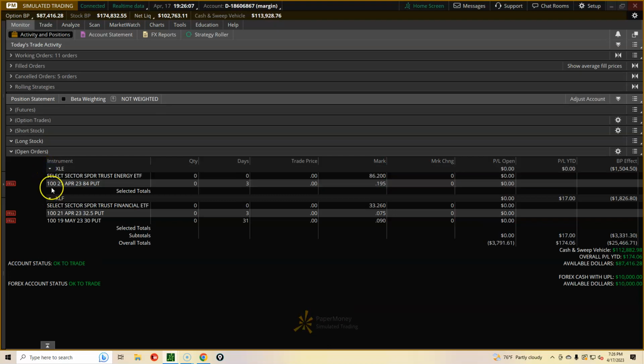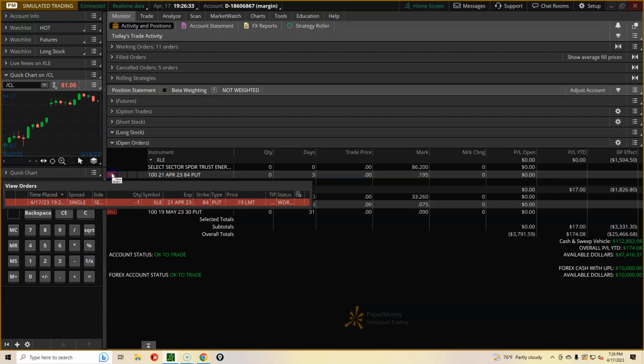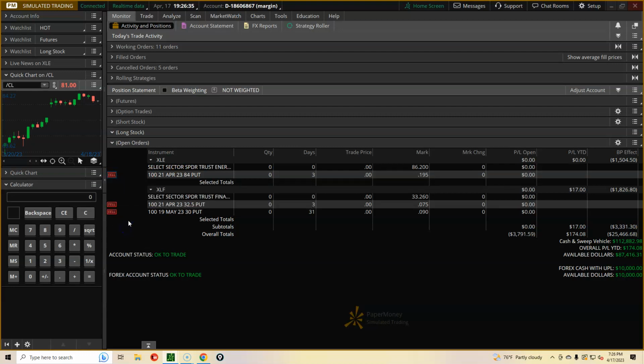Something else that you want to be aware of is, let's say we get filled on all of this stuff. Do I got a calculator here? I do. Okay, great. So right now, none of this is open, but since we're selling cash secured put options, it's good to know how much commitment you're making, right? So 84, how many contracts are we trying to get here? 1.